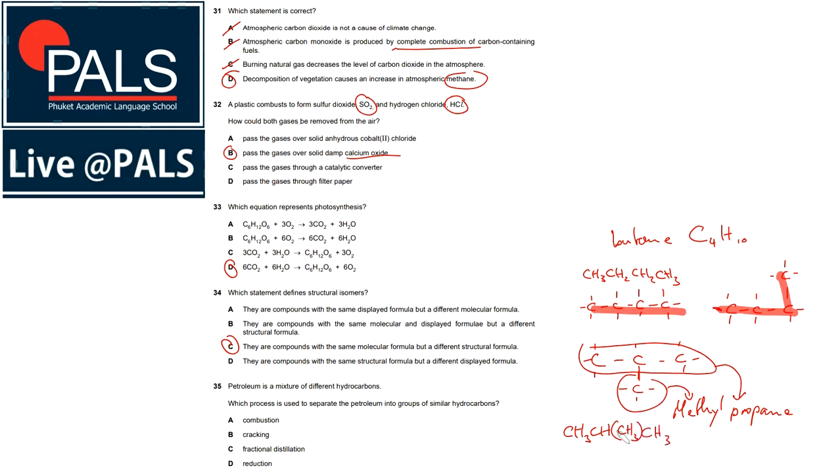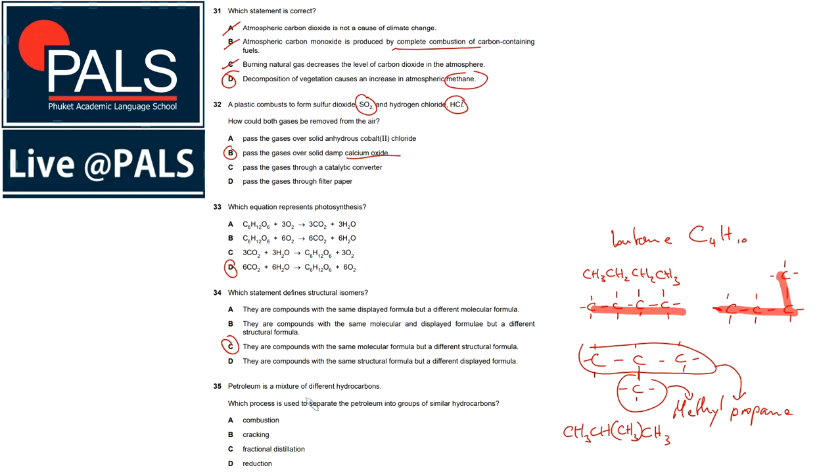So what does this mean? The brackets basically mean that from this carbon atom here, a CH3 group, a methyl group, splits off, and then behind the brackets that group is going to be attached to this carbon atom as well. So we can see that the structural formula here is different from the structural formula here.